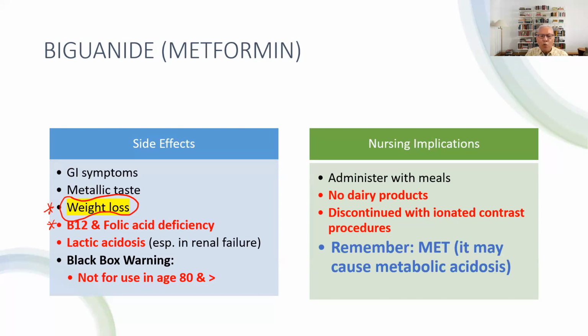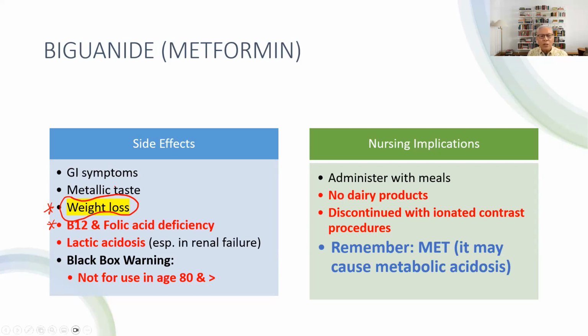There's a black box warning against the use of metformin in persons older than 80 years of age. They should not be used. And the reason for that is because of the risk for lactic acidosis.